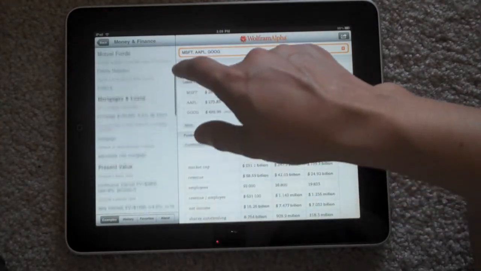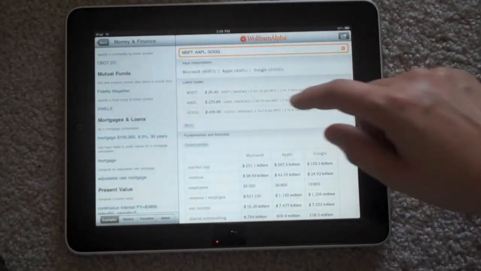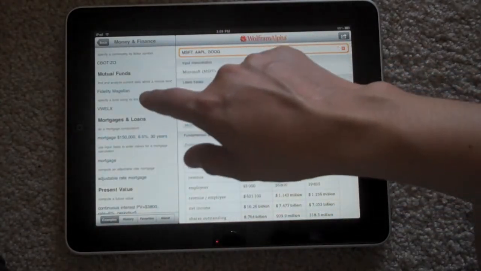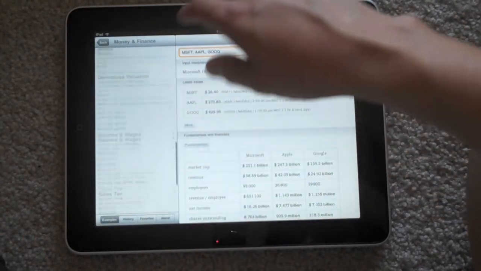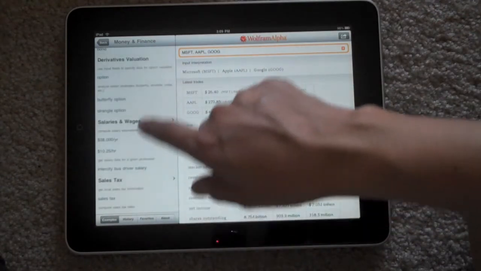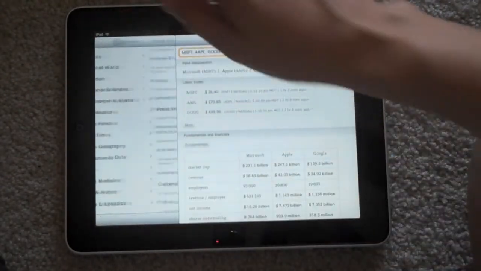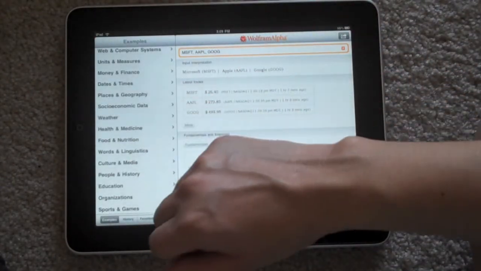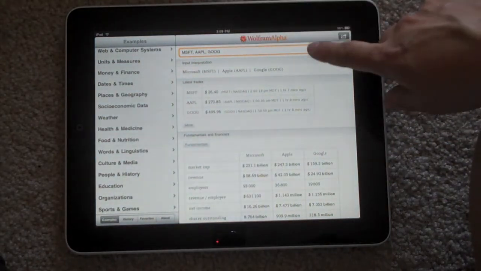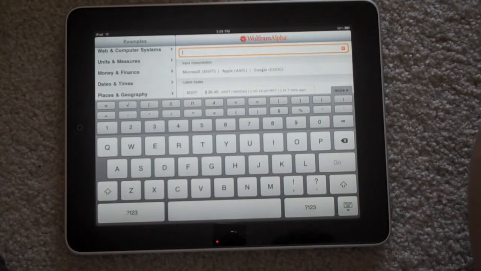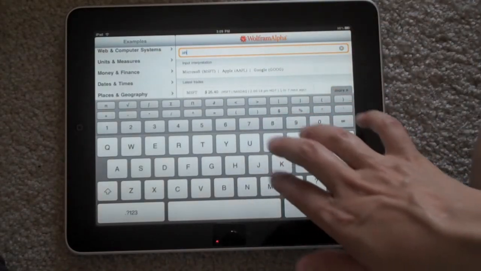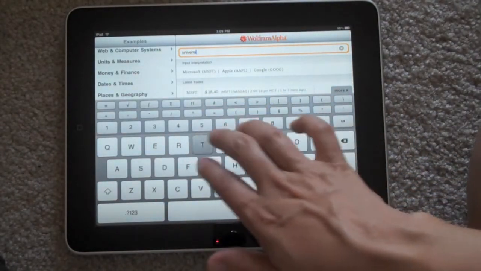Just to kind of see what else is over here, we've got mutual funds, mortgages and loans, present value, currency conversion, sales tax, historical money, salaries and wages, a lot of stuff. I could even, let's say I'm looking for colleges, and I want to know about the University of Denver. This is where I just graduated from.